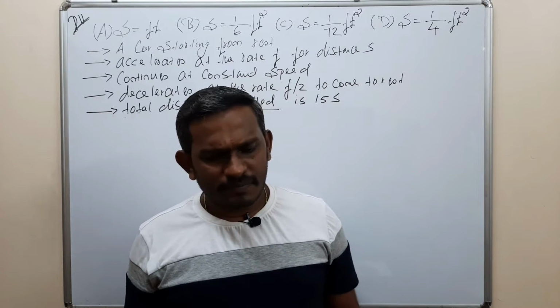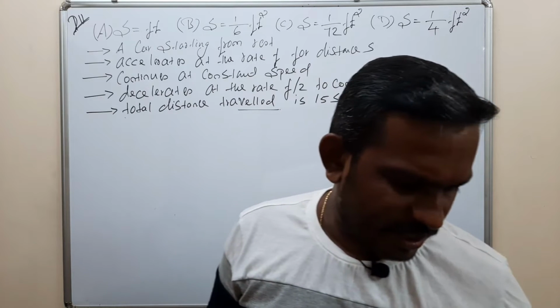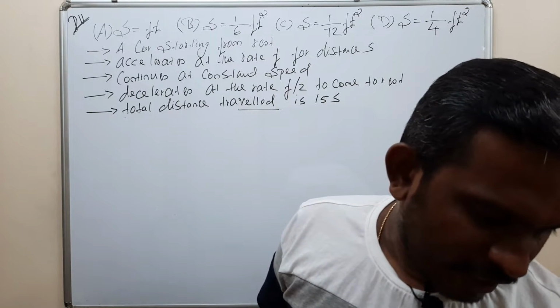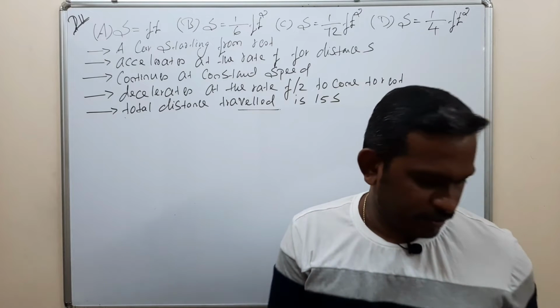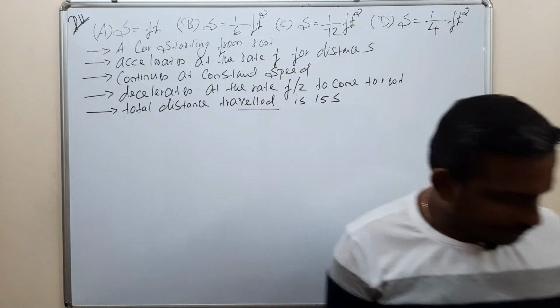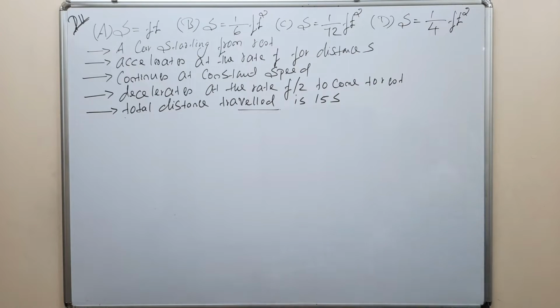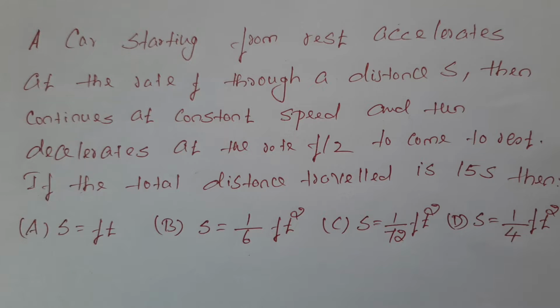Anyway, we start with the problems of graphical analysis of motion. The 11th problem: a car starting from rest accelerates at the rate f through a distance s, then continues at a constant speed and then decelerates at the rate f by 2 to come to rest.